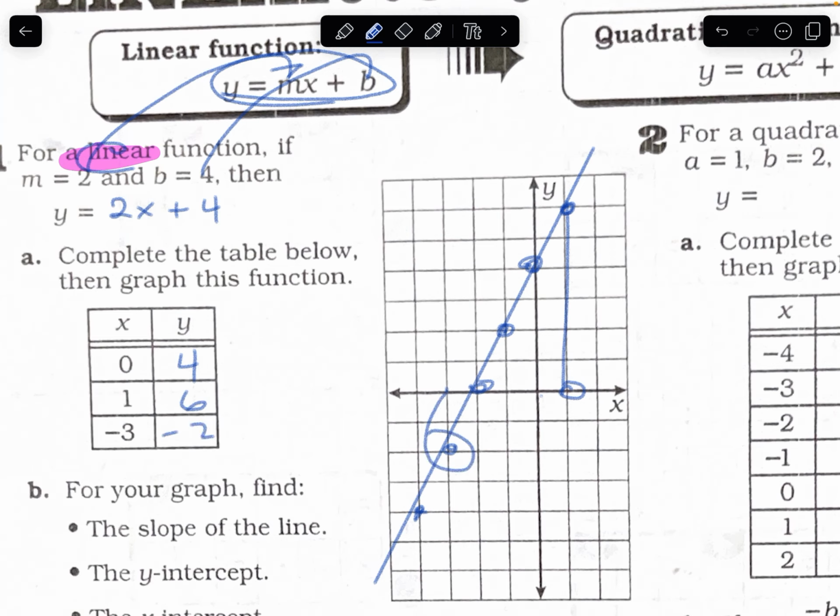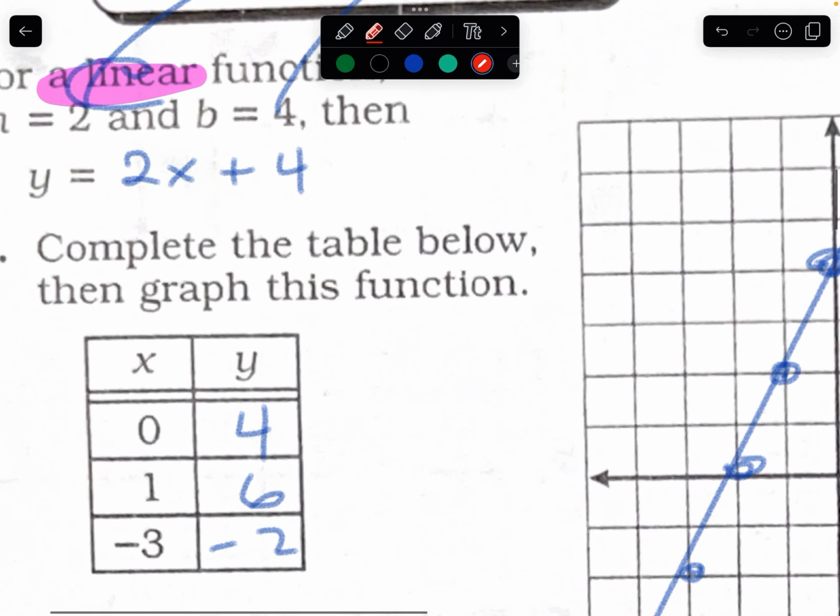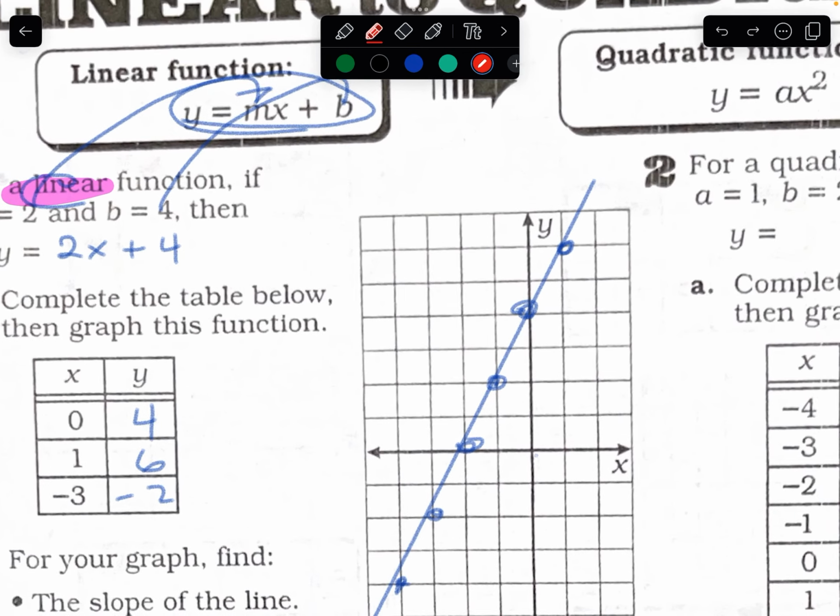That, to me, is easier than plugging it in to here. Plug in 0, 2 times 0, you get 4. Plug in 1, you get 6, etc. For me, it's just easier to graph and find the answer because we know how to graph now.